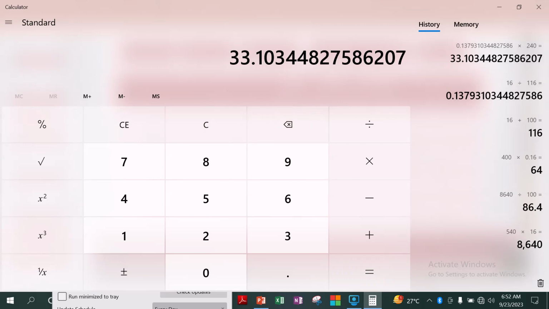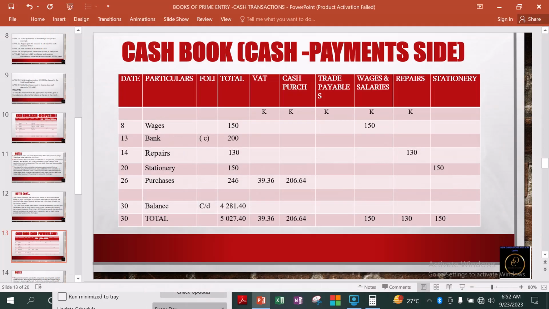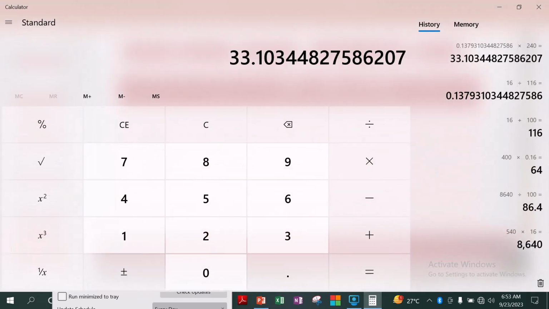Let me see. 246 is gross, and the VAT component is 16 divided by 116, because it has VAT, and this one was wrong.